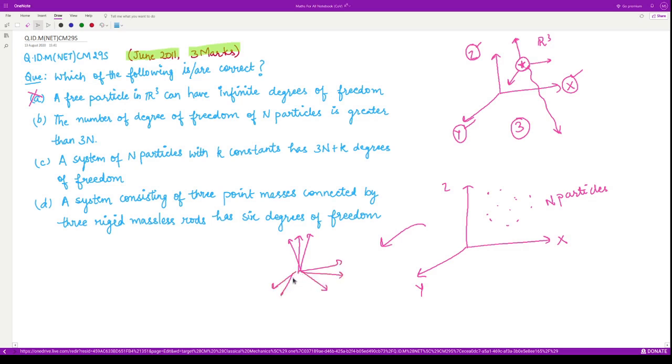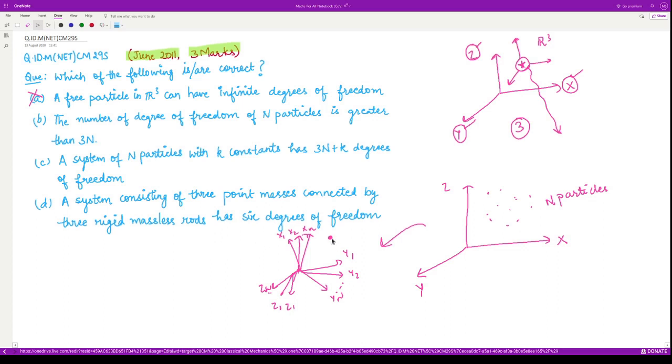So you have x1, x2 up to xn, similarly y1, y2 up to yn, and you have z1, z2 up to zn. So this is the coordinate system, and then you can specify n particles in this system as a single particle. This is known as the configuration space.